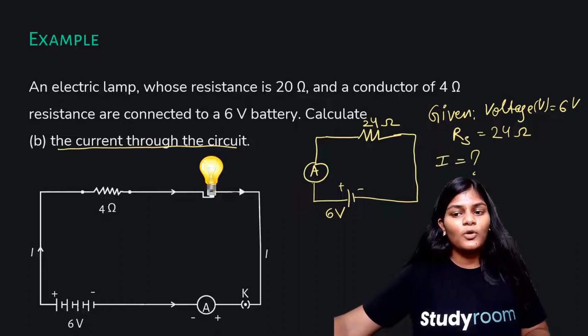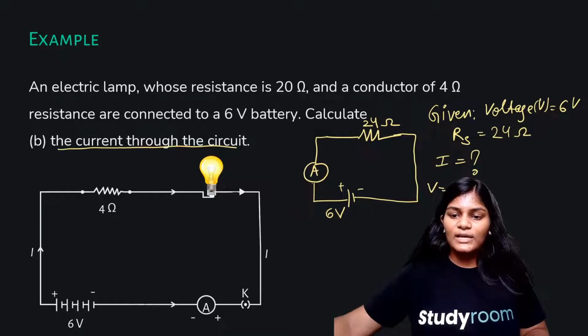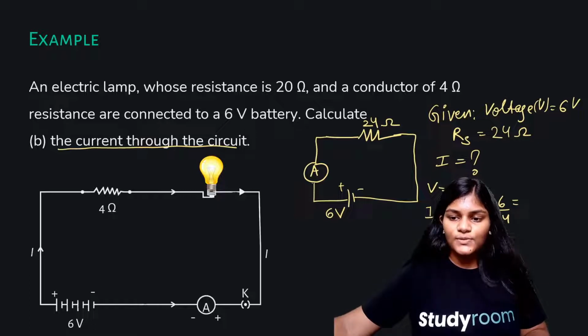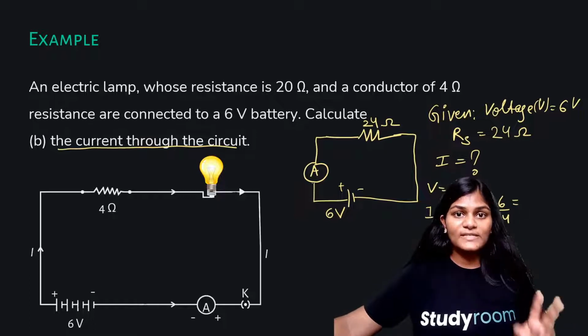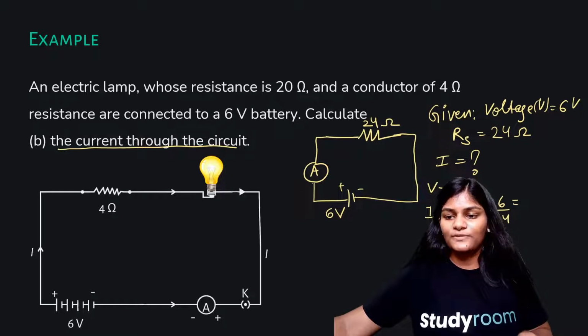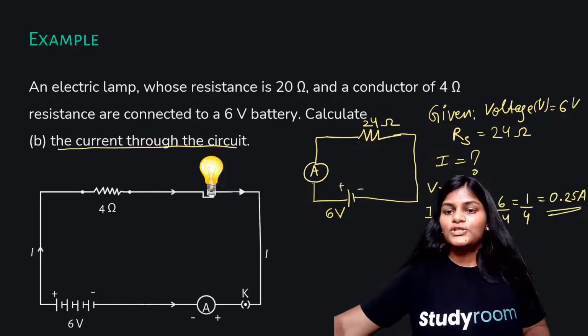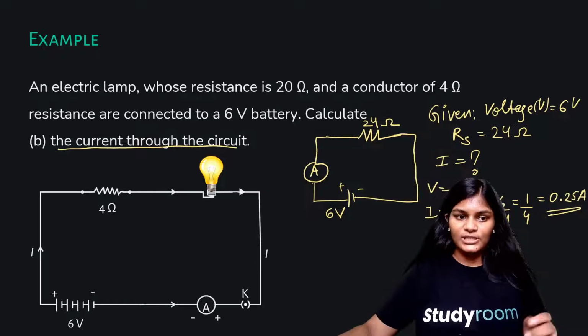Simple formula, Ohm's law, V equal to IR. So I is equal to V by R, which is 6 volts upon 24 ohm. 6 ones are 6, 6 twos are 12, 6 threes are 18, 6 fours are 24. So 1 upon 4, which is equal to 0.25 amperes. That is how you calculate the current in the circuit.